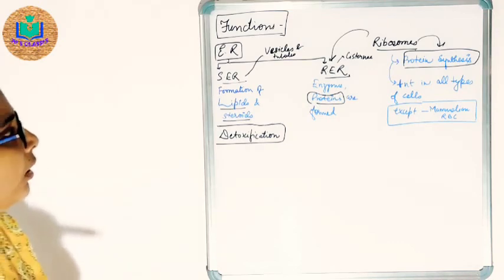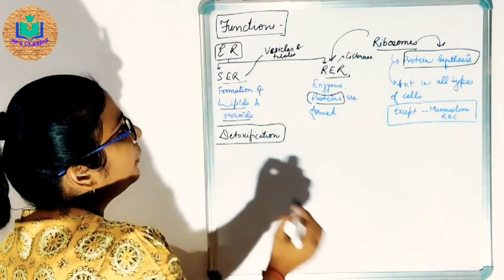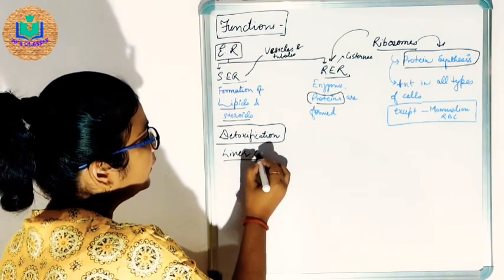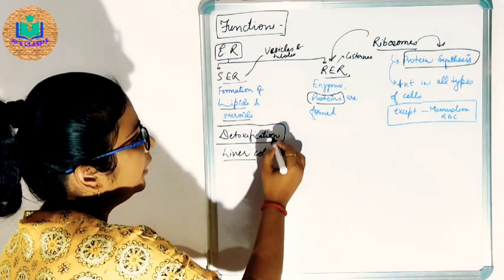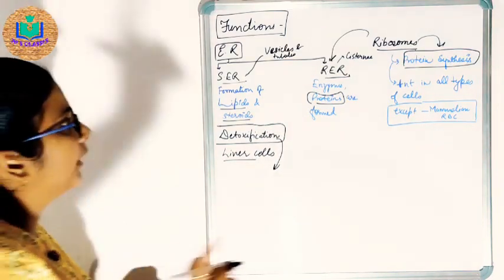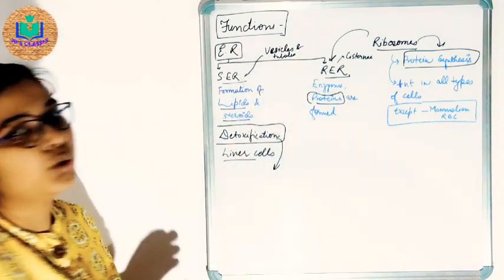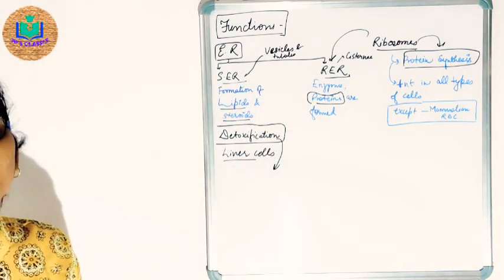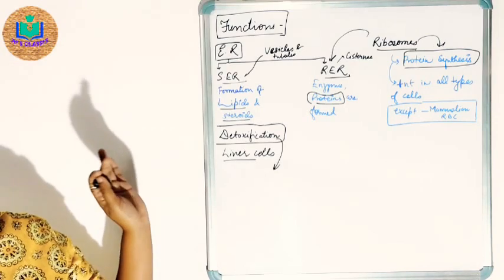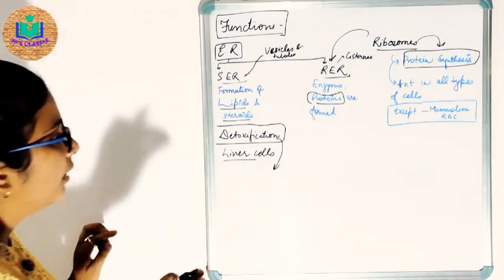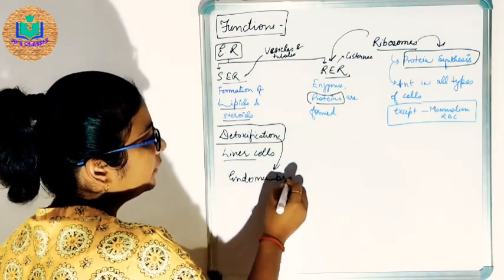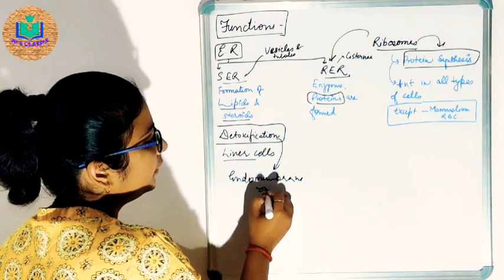The smooth endoplasmic reticulum found in the liver cells generally performs the function of detoxification. Detoxification of the cell is generally done by the smooth endoplasmic reticulum, because the endomembrane system is there.